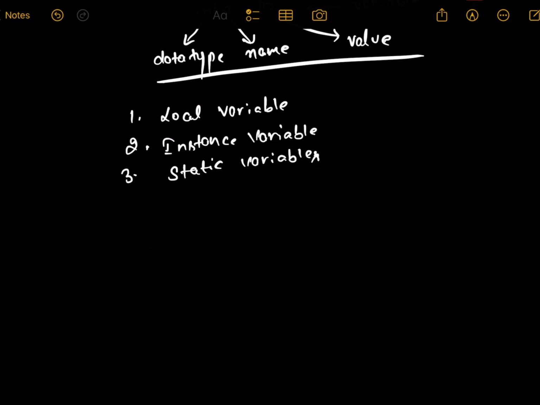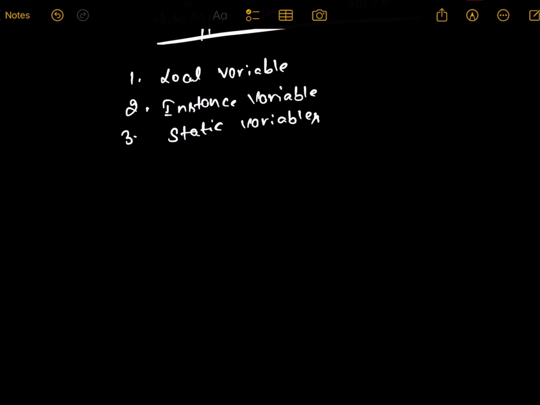What are local variables? Local variables are variables that are defined in a block or a method, and they are local to that method. What does that mean? Suppose you have a method called test.